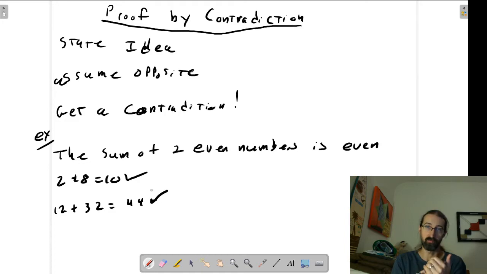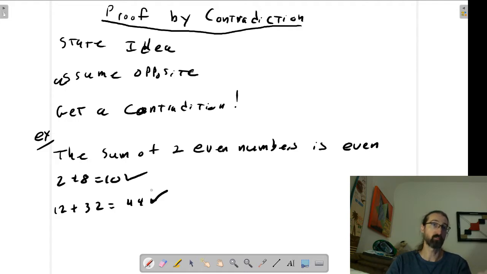I need a proof. I need some evidence, some ironclad demonstration that it's true for every even number all the time. How can I prove that the sum of two even numbers is even? I mean, it's obvious, but how do I show it mathematically?